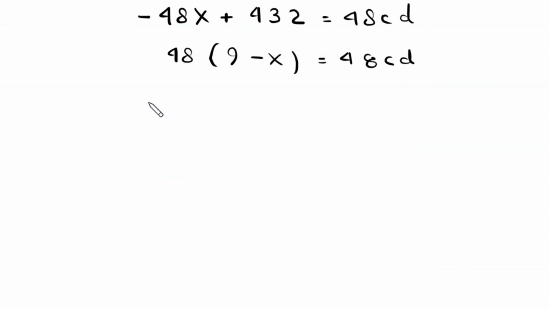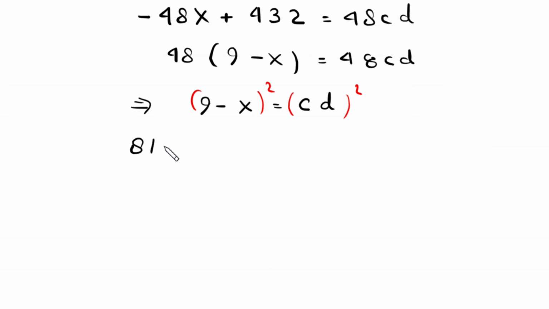If we divide both sides by 48, this implies that 9 minus x equals cd. Now we square both sides again. This 9 minus x whole squared becomes 81 minus 18 times x plus x squared, equal to c squared times d squared.